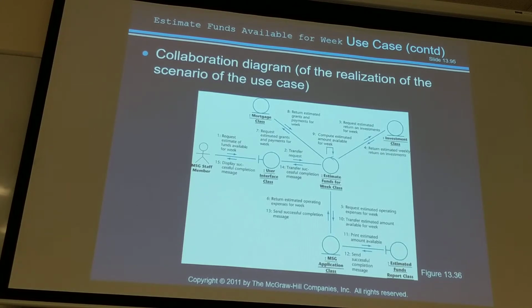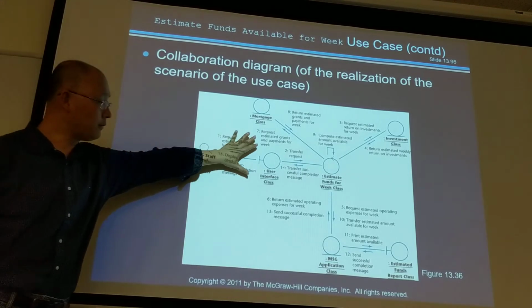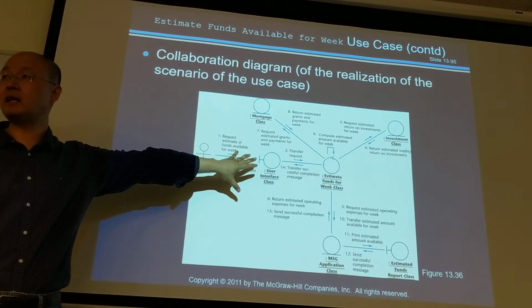However, at that time, one key difference is you don't have the classes in the system identified. You are basically talking about the functionality of the system by standing right outside of the system, talking about the step-by-steps, because you don't have those classes identified yet.